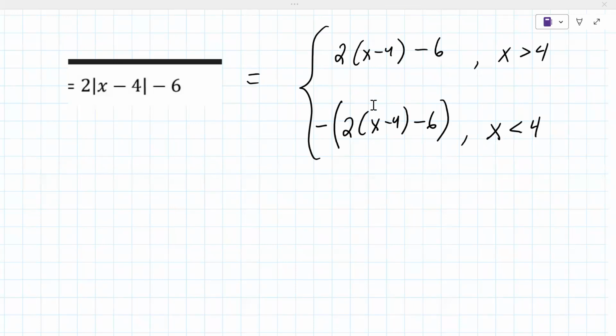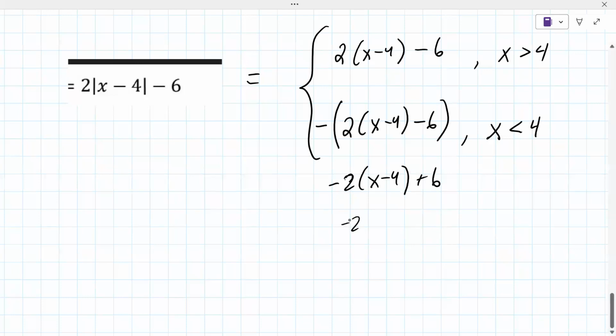And you can simplify if you need to. I think you're going to be expected to simplify. I think this is probably a reasonable simplification, +6 because you're giving it to both terms. I think she might want us to simplify that one just because it's just multiplying a negative, which would just make it -2x.